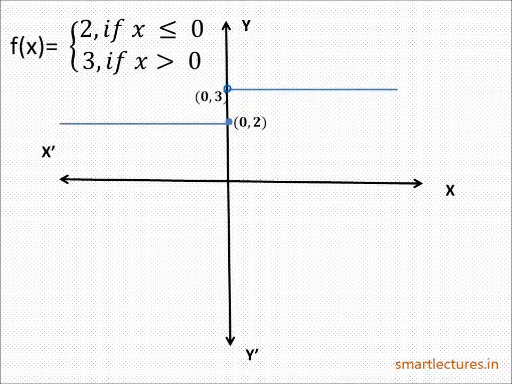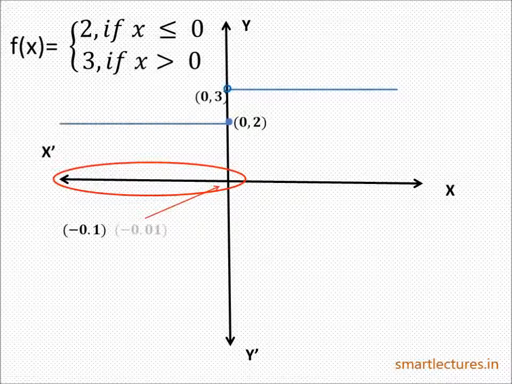And now if we carefully examine this graph, here you can see if the value of x is close to 0 from the negative x-axis, or in other words, if x is close to 0 from the left hand side, which means if the value of x is minus 0.1 or minus 0.01 or minus 0.001 or further smaller, then the value of y or f of x is equal to 2.